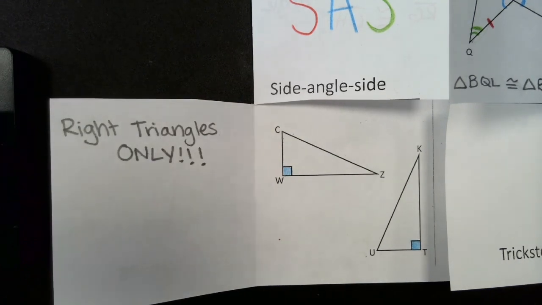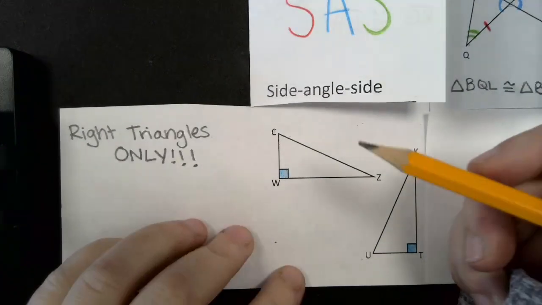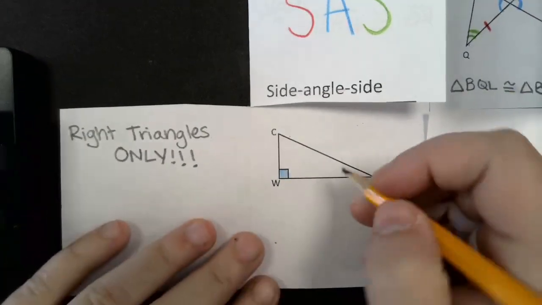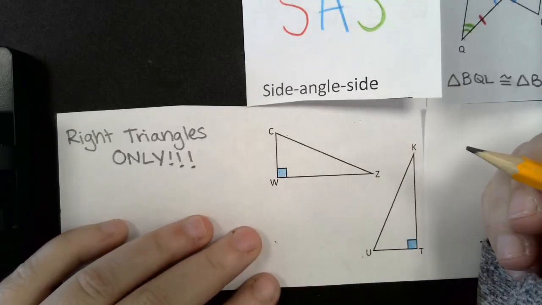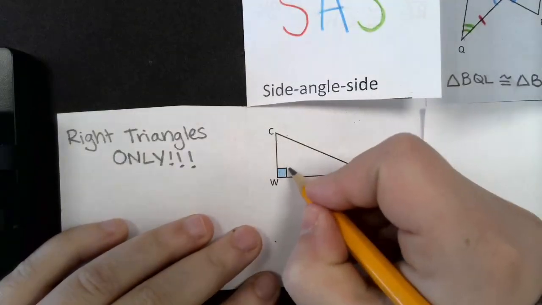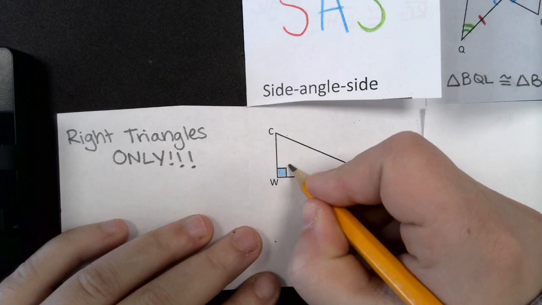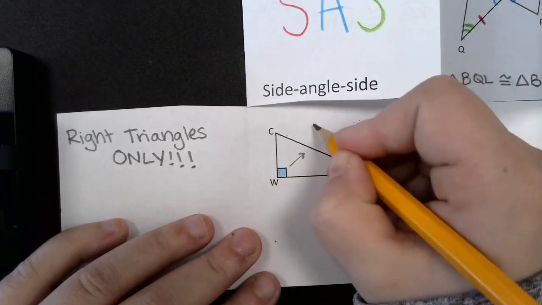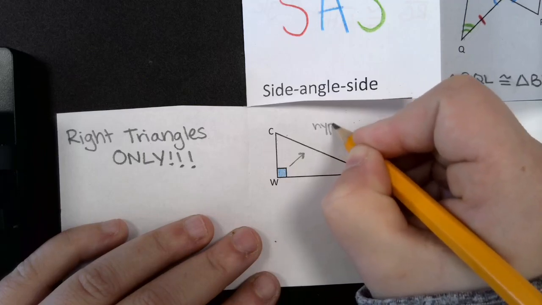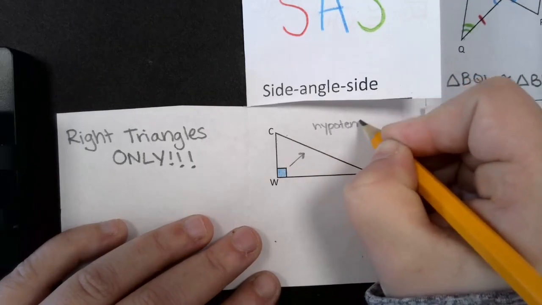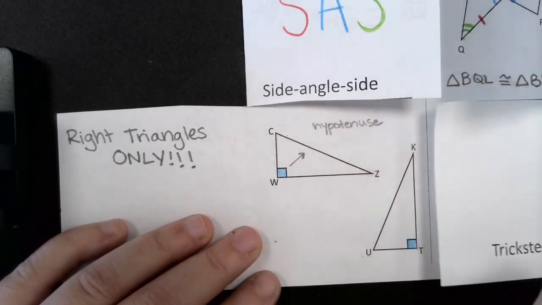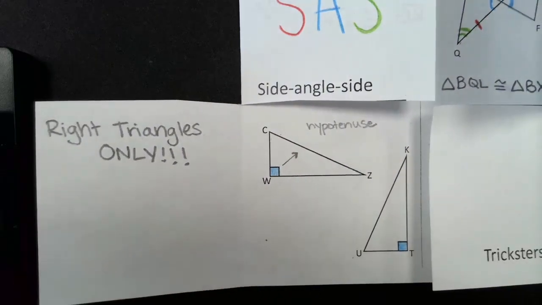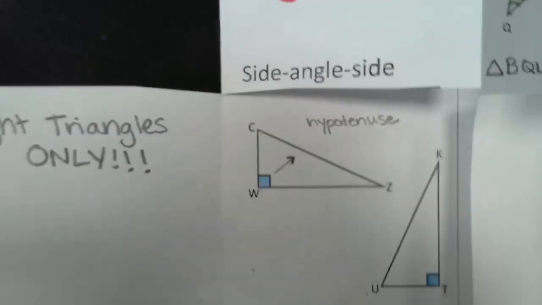Alright, so the hypotenuse, does anyone remember where the hypotenuse is located in a right triangle? It's okay if we don't. It's been a while since we've talked about it. Hypotenuse is always right across from the 90-degree angle. So this is going to be our hypotenuse. Hypotenuse is this crazy word. Again, it's Latin.